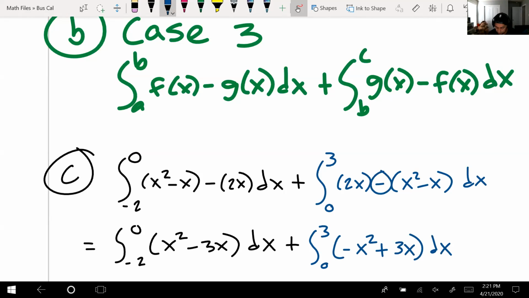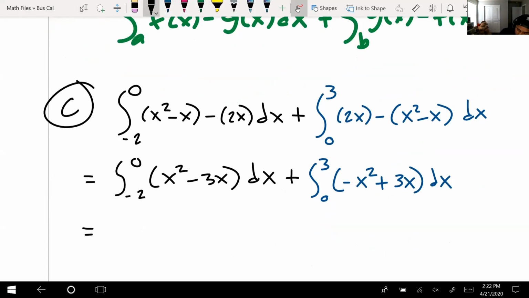This negative distributes, makes a negative x squared, makes that positive x, and 2x plus x is 3x. There we go.